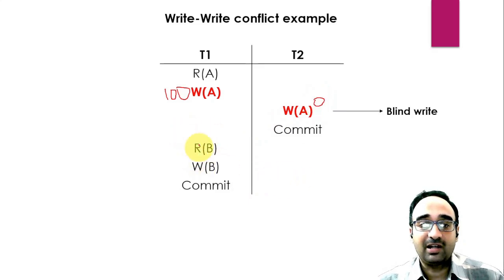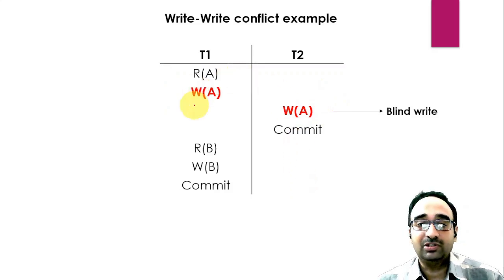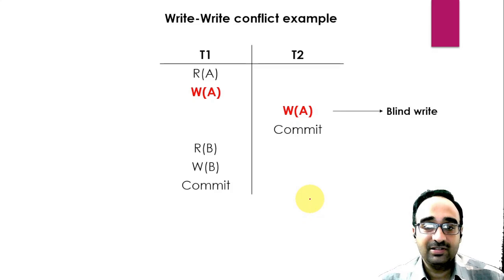And after some time this transaction has failed and it has rolled back. Then what happens to this update of 100? It will be gone and it will be shown as 0, which is inconsistent. So whenever there is a write conflict, the write done by the first transaction will be lost, gone. It will be overwritten by this value because this is not saved yet. It didn't commit. So this is write write conflict.